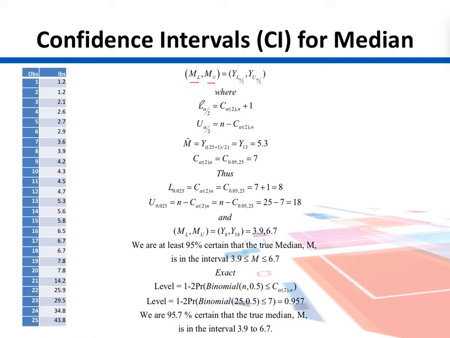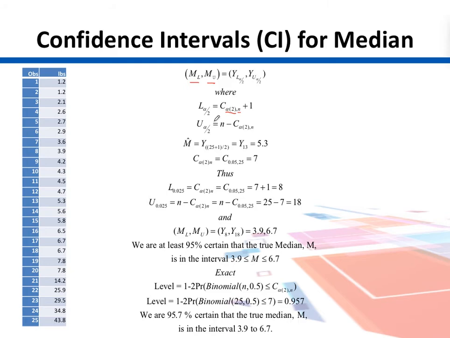That is determined by L alpha by 2 equals C alpha 2, n plus 1. Look into the line in the table where it says two-sided, and we look for this n, the sample size, which is 25 here, and add 1 to it. This will give us the number for the lower confidence limit. For the upper, it is given by n minus C alpha 2, n, and that will give us the upper one.